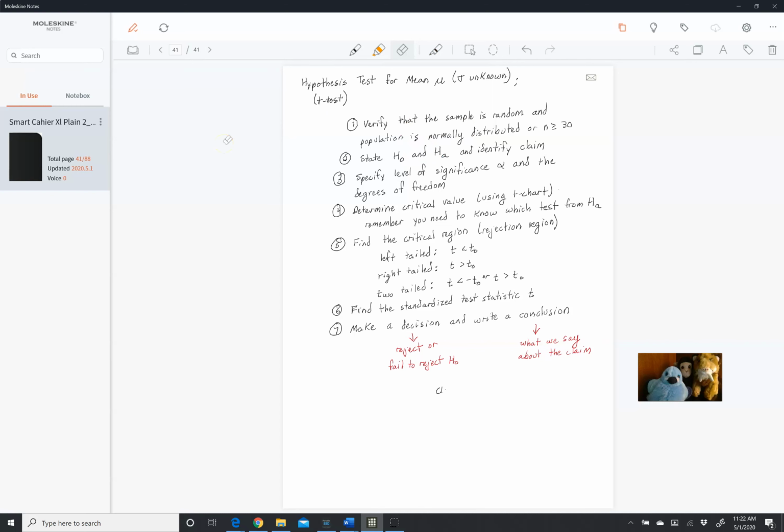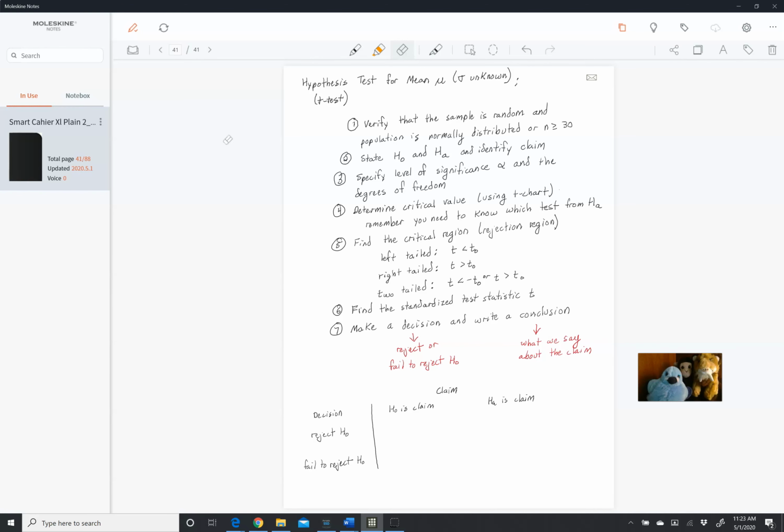So your claim: either your null hypothesis is your claim, or your alternative hypothesis is your claim. Then you have your decision. So either you reject the null hypothesis, or you fail to reject the null hypothesis.